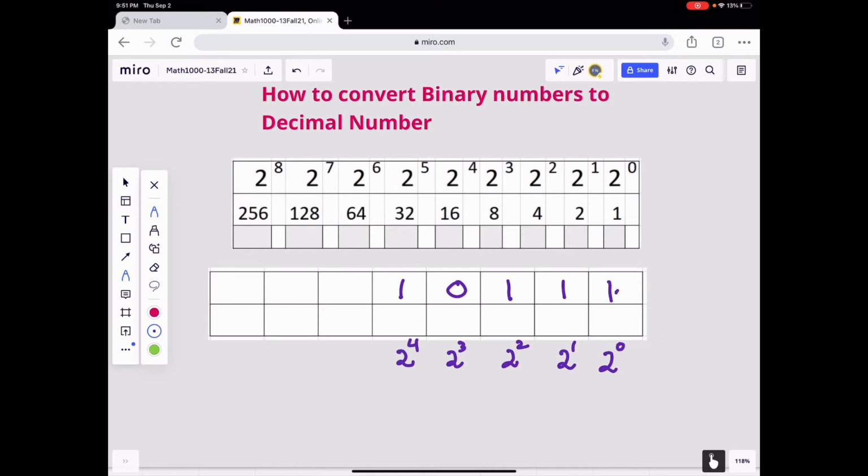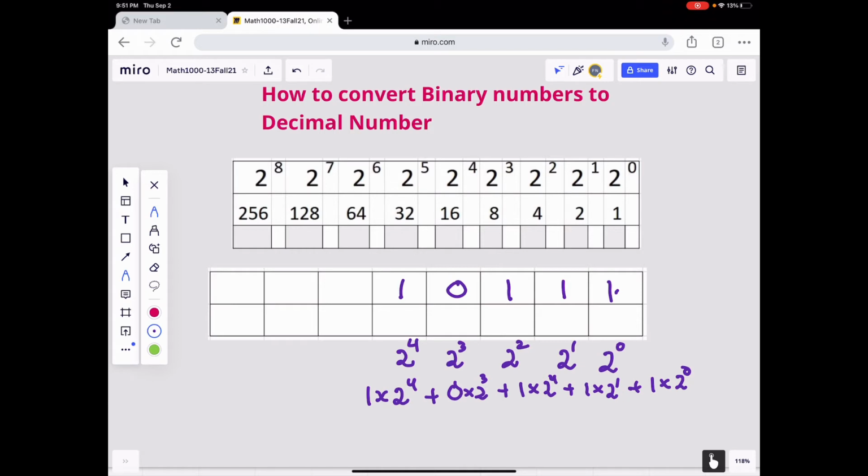So you can multiply by 1, 0, 1, 1, 1, and add together: 0 multiplied by 2 to the power of 3, plus 1 multiplied by 2 to the power of 4, plus 1 multiplied by 2 to the power of 1, and plus 1 multiplied by 2 to the power of 0.